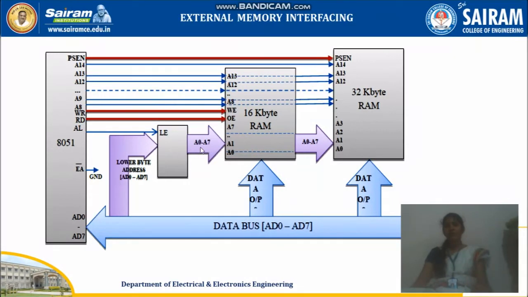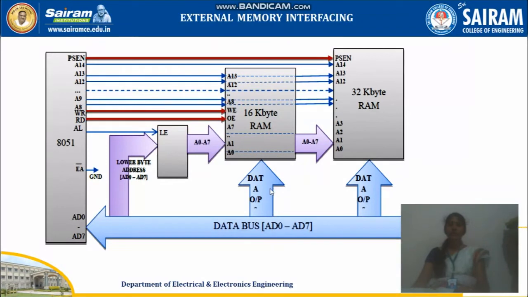So whatever address we are getting here, along with this the higher byte address represents your 16-bit address line, and in that 16-bit address line, whatever address is available, that particular data will be accessed from the data memory, that is RAM, and it is sent to your output device. So after demultiplexing your address and data bus, the address will go in this path and data you can write onto the respective memory.